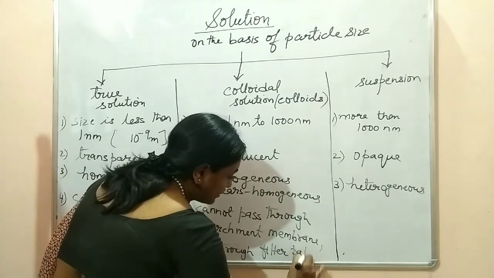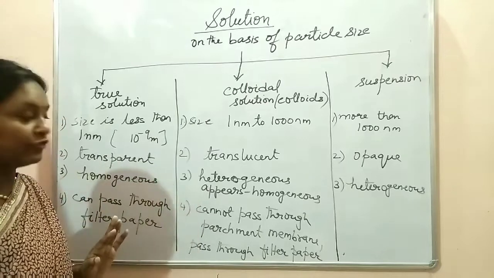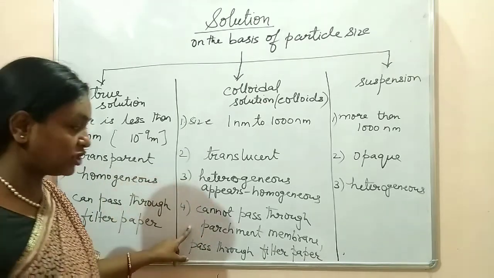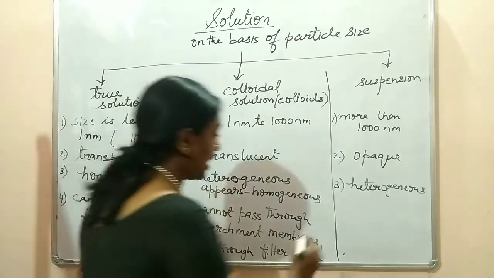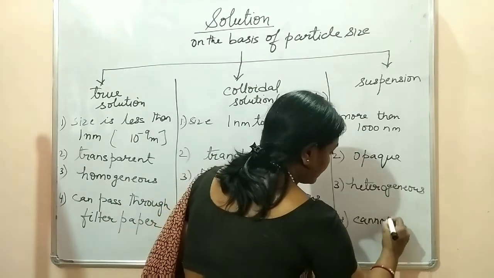Filter paper has a bigger pore size, that is why colloidal solution can even pass through filter paper, but they cannot pass through parchment membrane, and suspensions cannot pass through even filter paper.